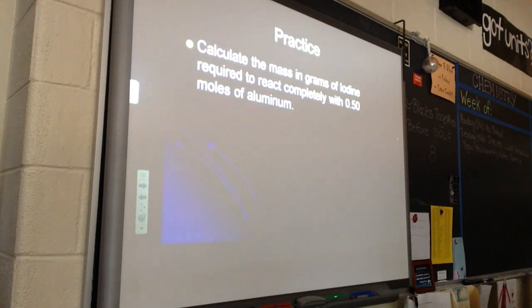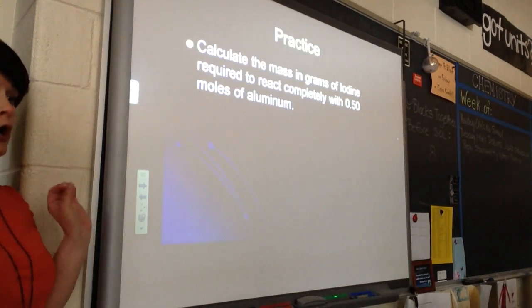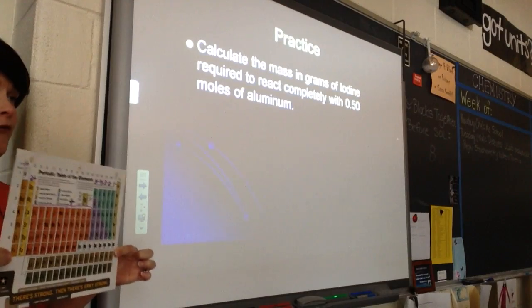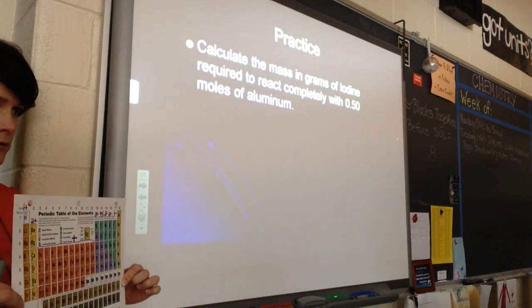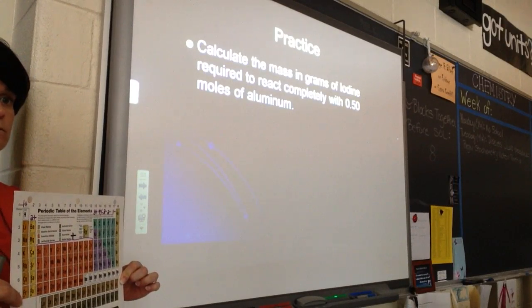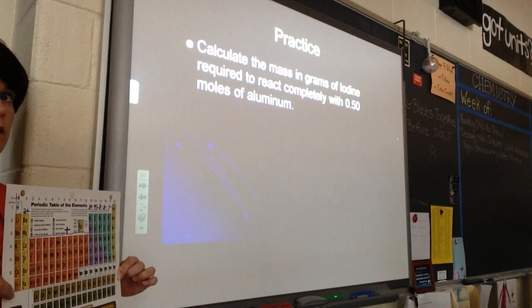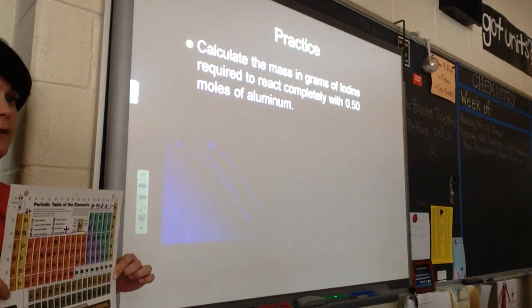We have to have a balanced equation. Iodine and aluminum are getting together. Find the aluminum and find the iodine on the periodic table. First of all, what kind of bond is this going to be?